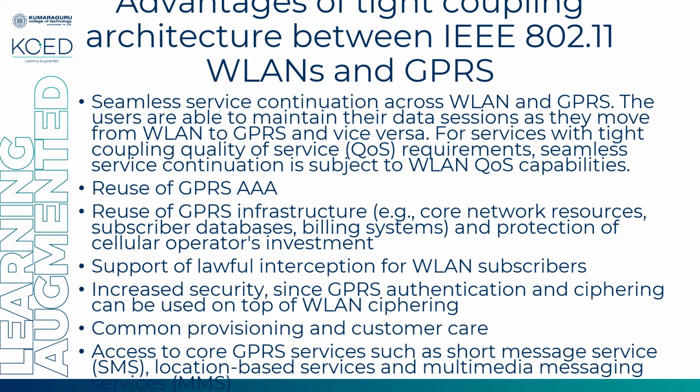Both tightly coupled and loosely coupled have their own advantages. In the tightly coupled case, there is a seamless continuation. The only thing is you have to make many additions or changes to the existing infrastructure in order to consider your node, which is connected to the wireless LAN, as one of its own nodes. All other services are already present in the architecture itself. That's the advantage of tight coupling.